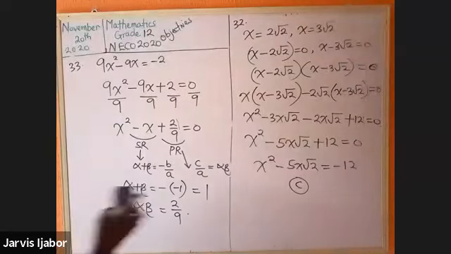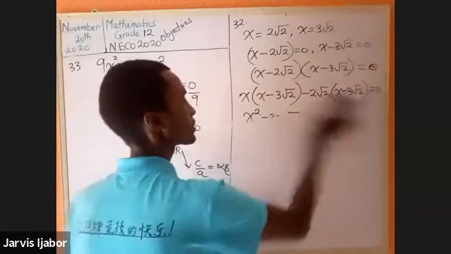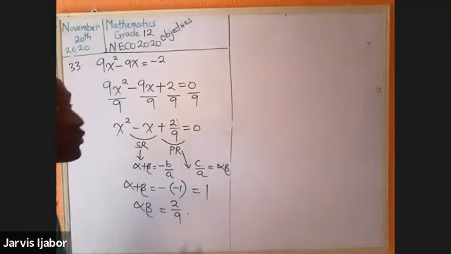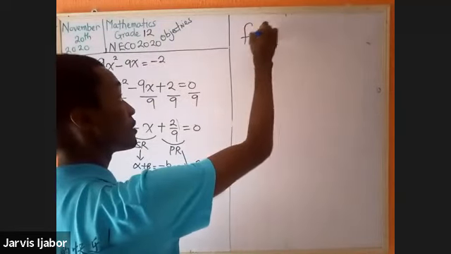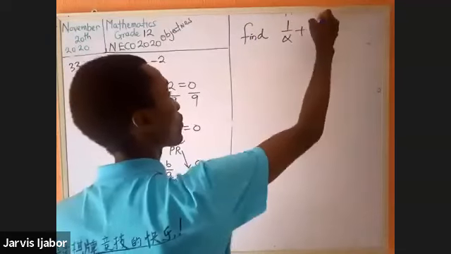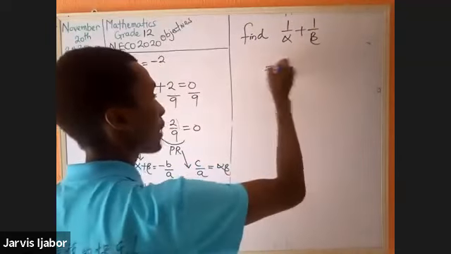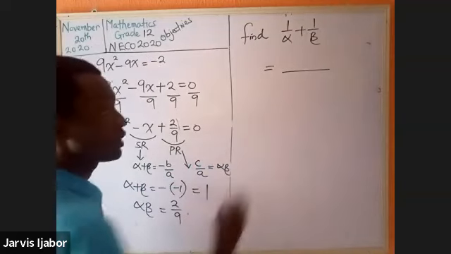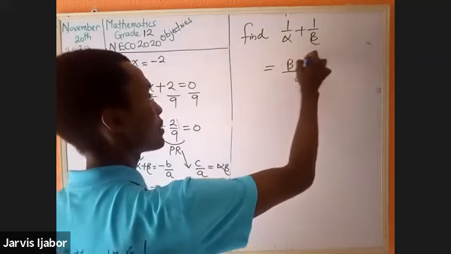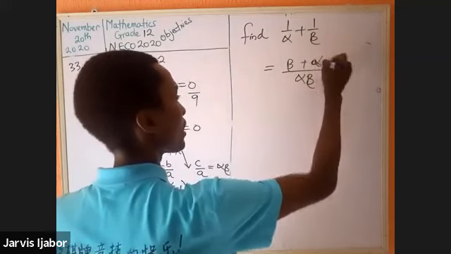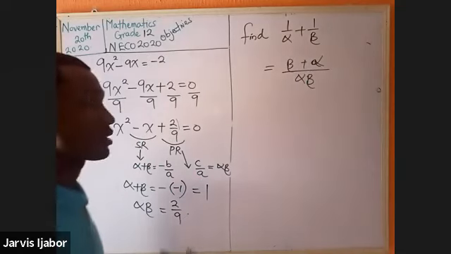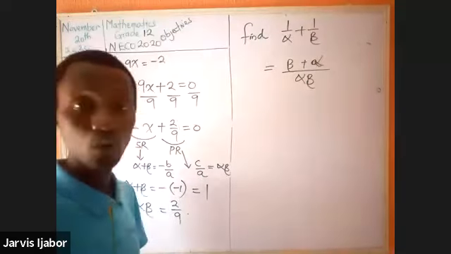Now, the next thing is to apply this knowledge to get what we are asked to look for. We are told to find 1 over alpha plus 1 over beta. By simple simplification, this will be beta plus alpha over alpha beta. And from your knowledge of binary operations, we know that addition is commutative.